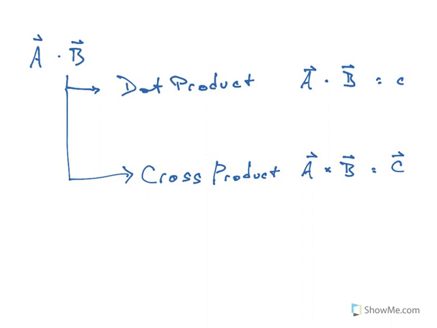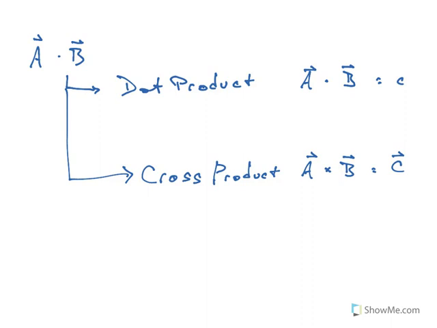So A dot B is how parallel they are, how much of A is in the same direction. A cross B is like how perpendicular, how much of A is away from B. And it gives you a new vector which points perpendicular to both A and B.